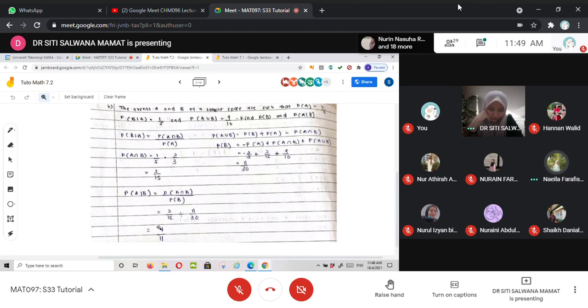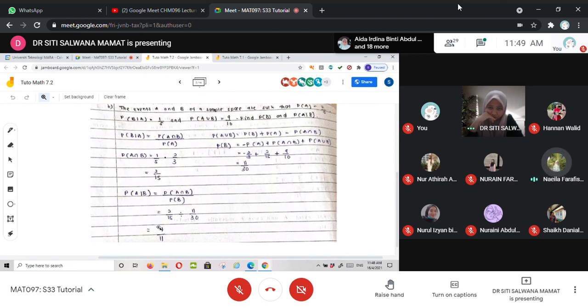Then I want to find probability B, so we use the formula probability A union B equals probability B plus probability A minus probability A intersect B. We make probability B the subject, substitute everything, and rearrange the formula, and we will get 11 divide by 30.